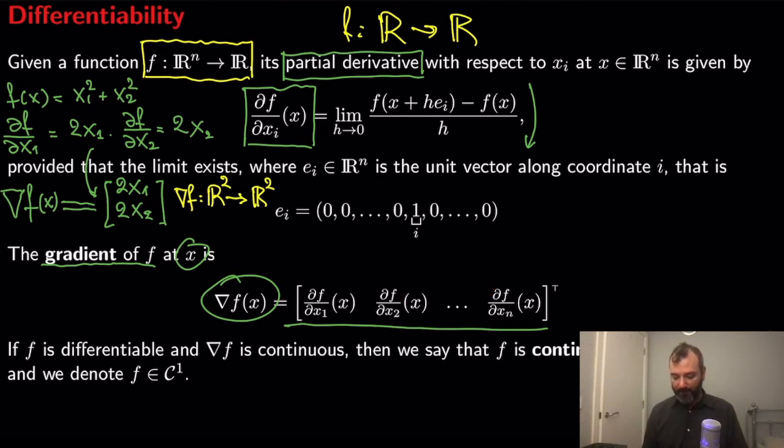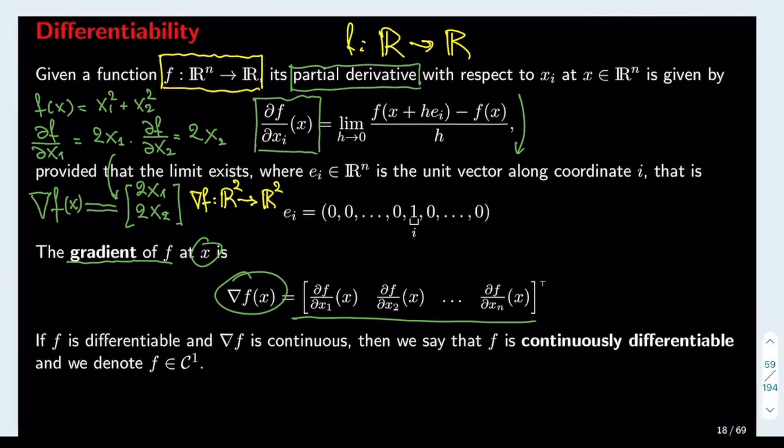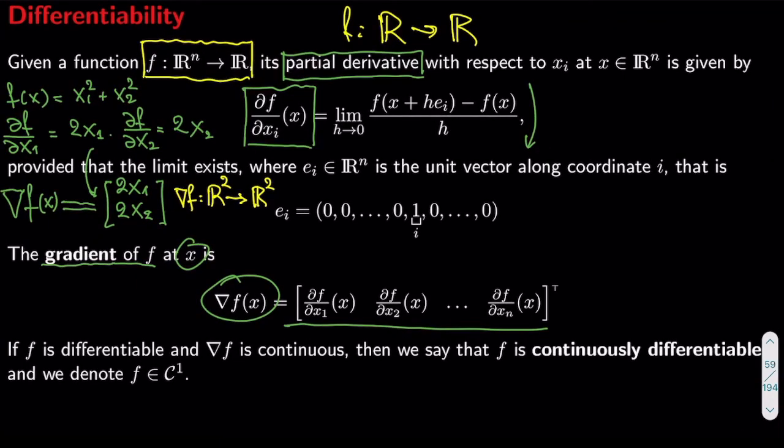Now, if f is differentiable and this derivative is continuous, we say that f is continuously differentiable. So this is just a term you will hear me using often. The term continuously differentiable means two things: the function is differentiable, and this quantity here, the gradient of my function, is a continuous function.